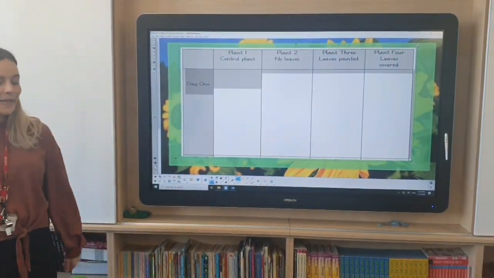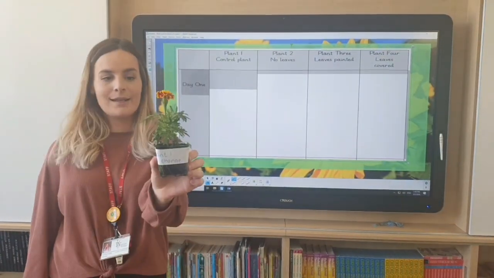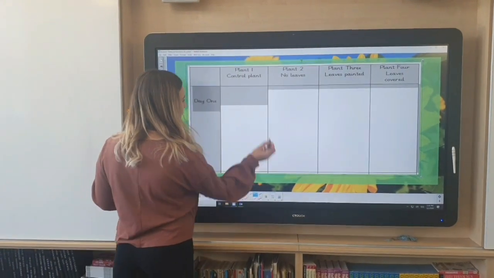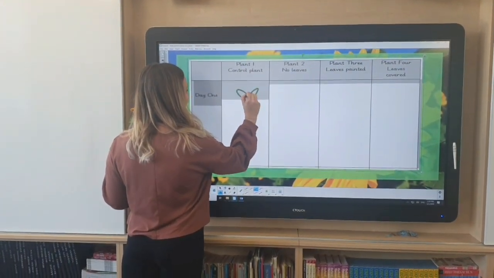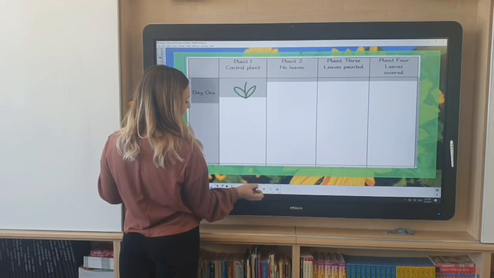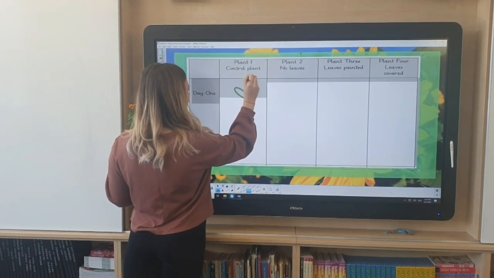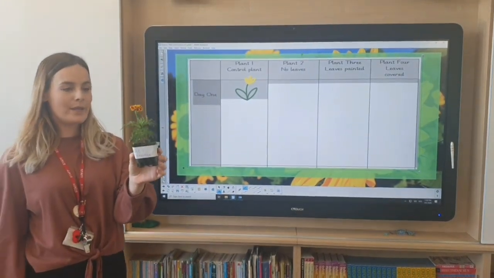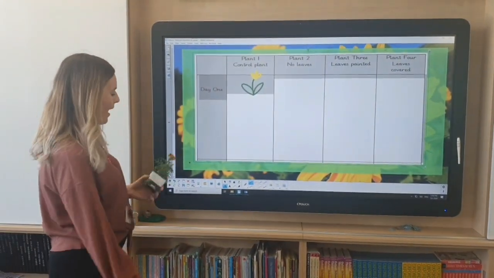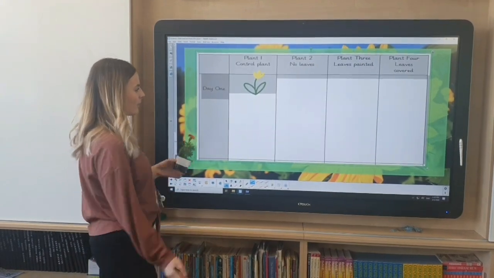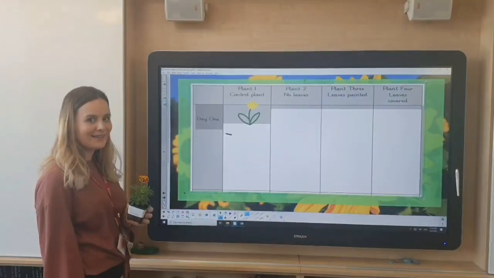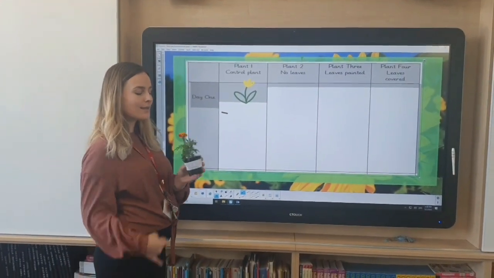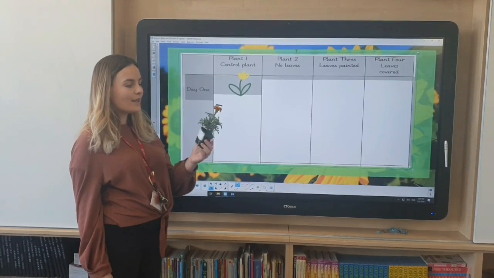So, day 1, I'm looking at this lovely plant here. I'm going to draw a very healthy plant. So I've got some lovely leaves. I'm drawing a very basic one, but I would like you to show me the detail in the plant. And then we're going to write some descriptive words about this plant, thinking of the scientific knowledge.